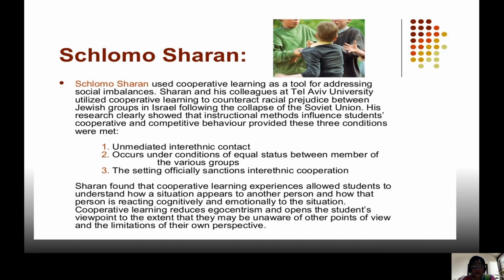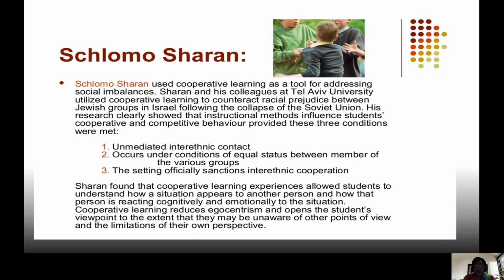The three conditions are: immediate contact occurs under the condition of equal status between members of the various groups, and the setting officially sanctions interethnic cooperation. Sharan found cooperative learning allowed students to understand how a situation appears to another person and how the person is reacting cognitively and emotionally to the situation.